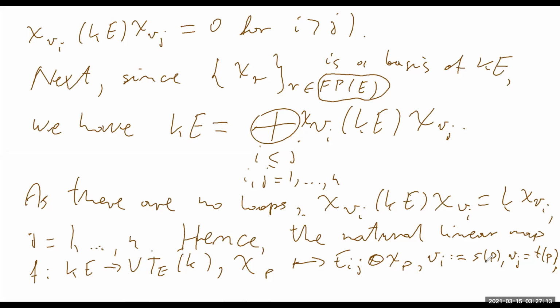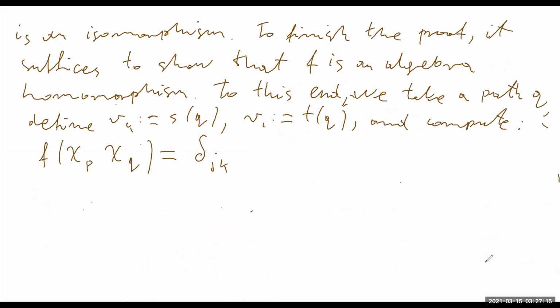So in other words, j is equal to k. Hence this Kronecker delta jk, if j is equal to k, because otherwise we have 0. Otherwise, if the end of P is not the beginning of Q, then by definition, this multiplication in the path algebra will give me 0. And f of 0 is 0.